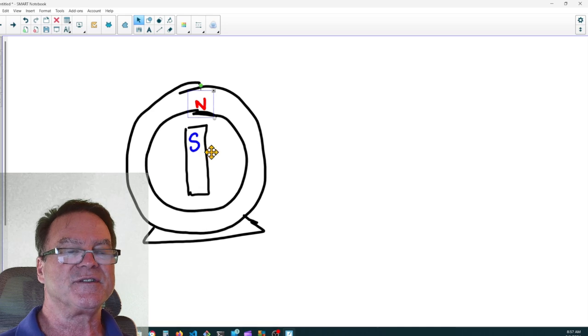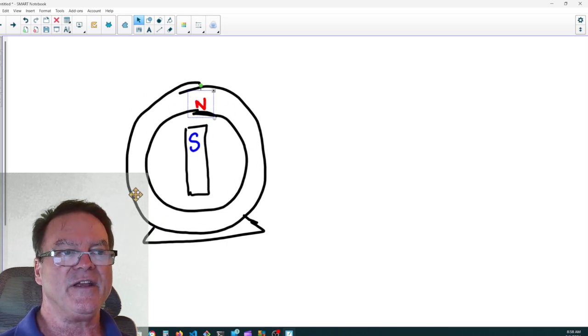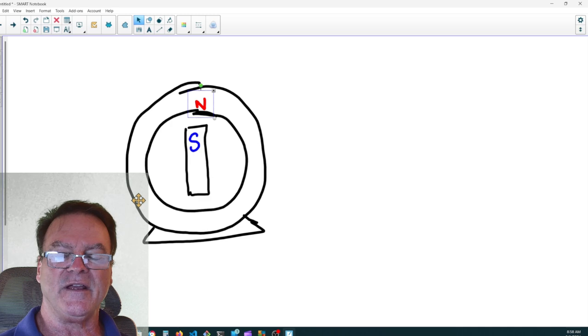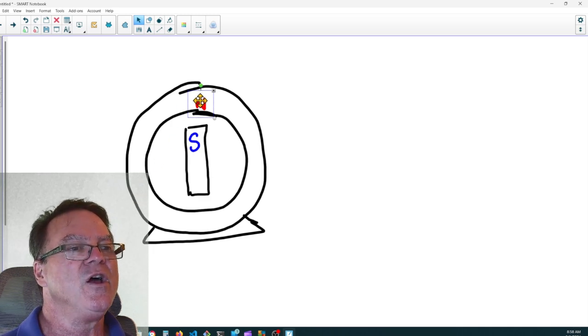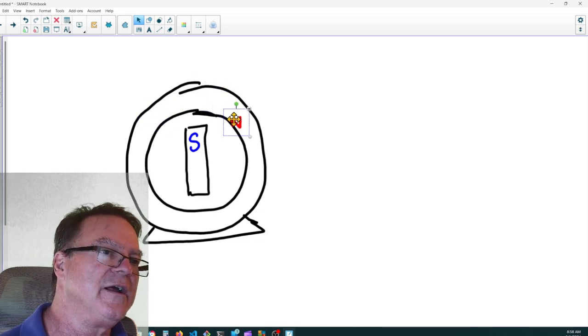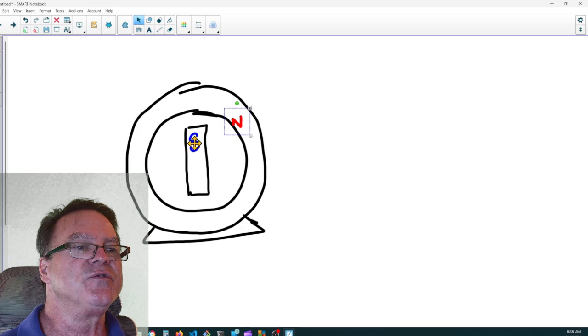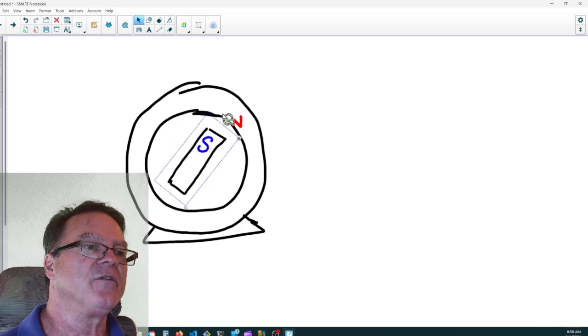Now it's just a self-contained rotor. The voltage and current in that rotor are induced because of the rotating magnetic field in the armature, in the stator, in the field windings. So as this north goes by, the lines of flux induce a south pole in this rotor, and it tries to follow the north pole.